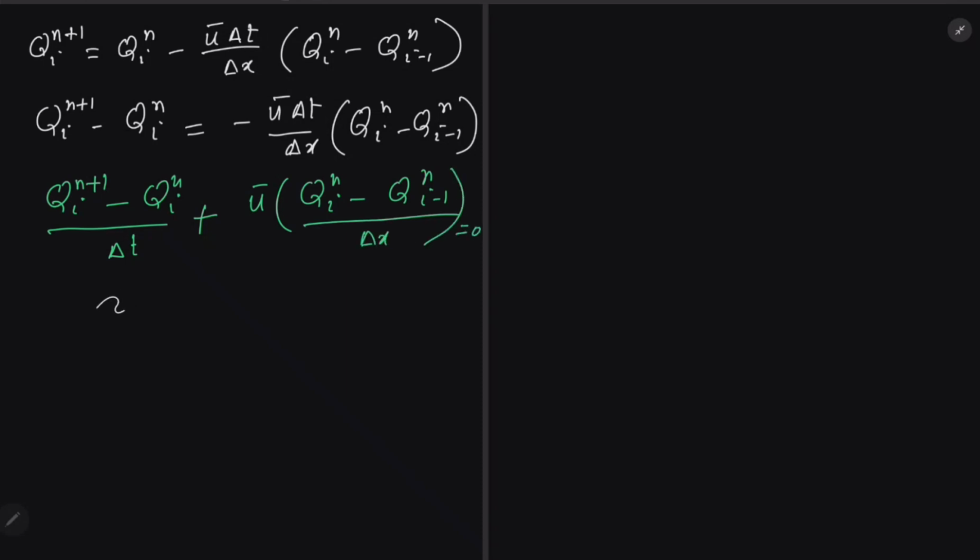So our equation was partial Q by partial T plus U bar partial Q by partial X is equal to 0.